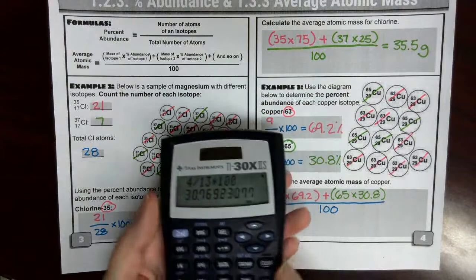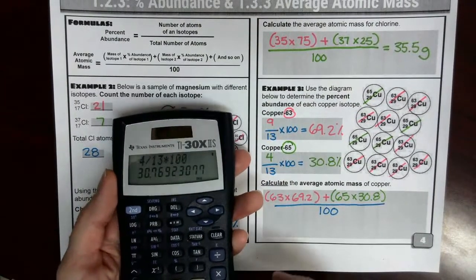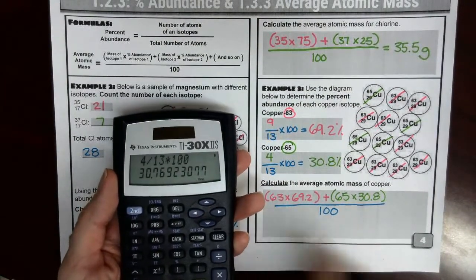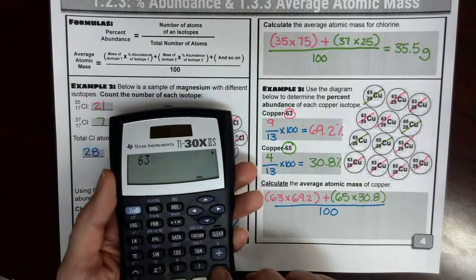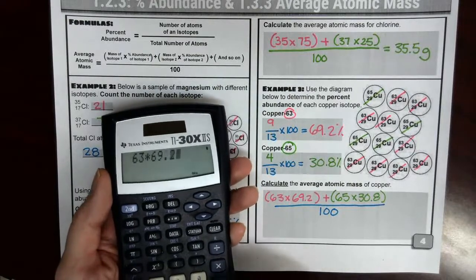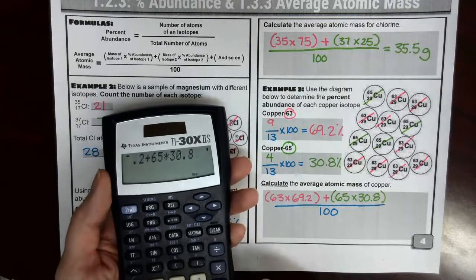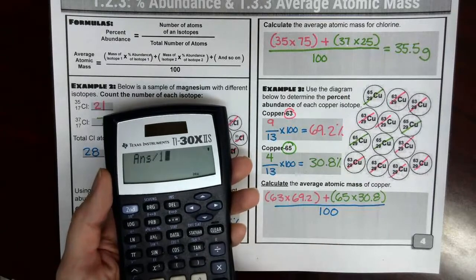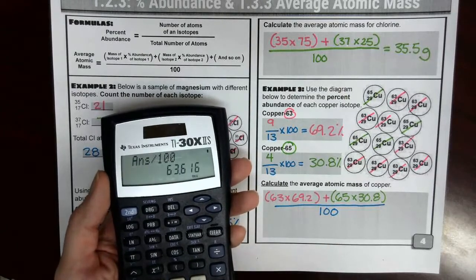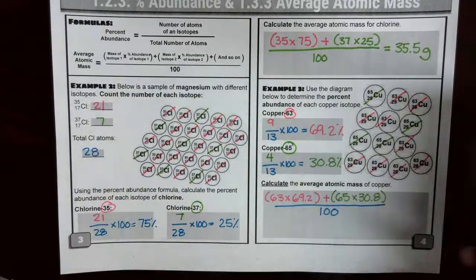So I'm going to put that into my calculator. The first thing I want to do is do the top, so 63 times 69.2 plus 65 times 30.8, enter, divided by 100, and I get 63.6.